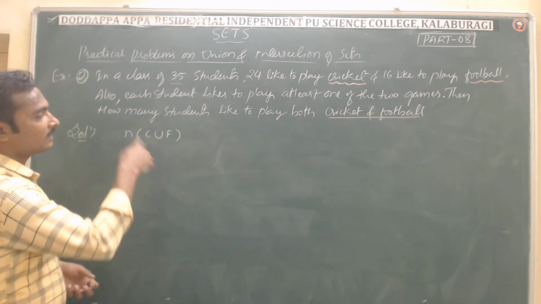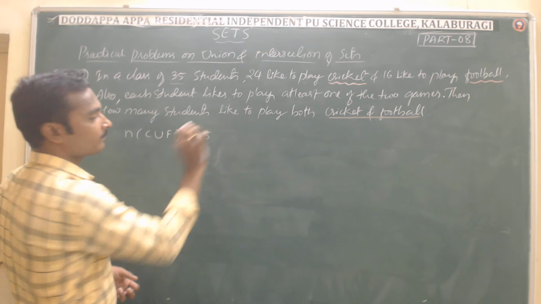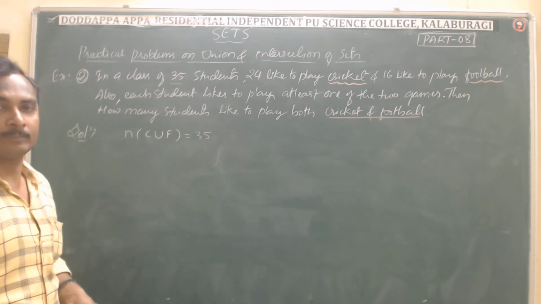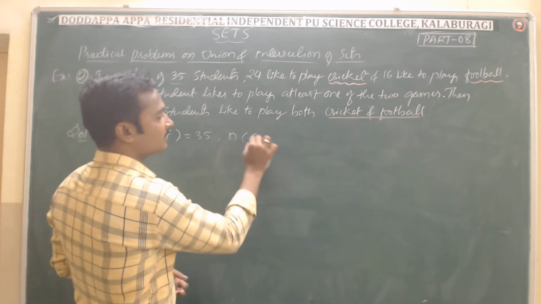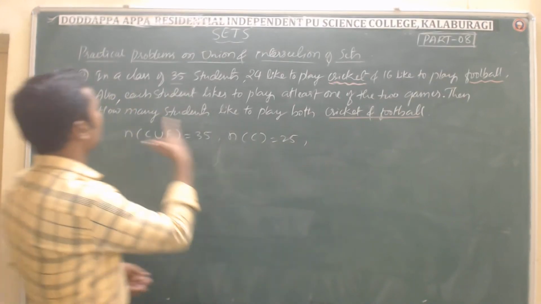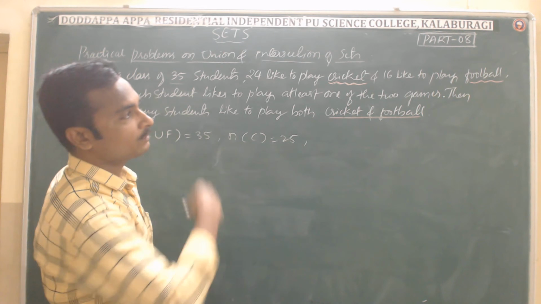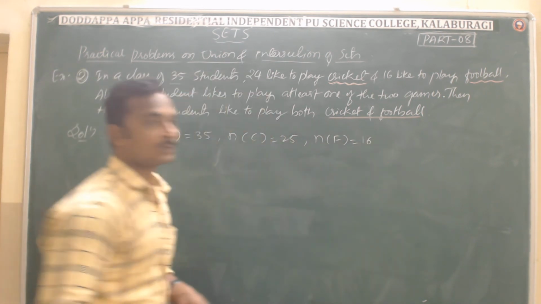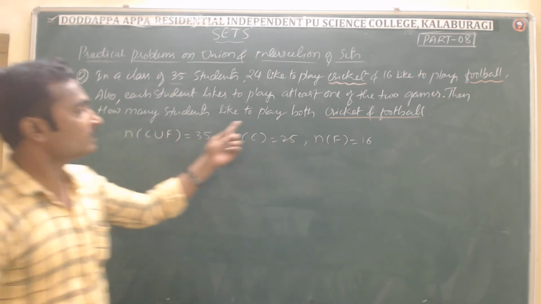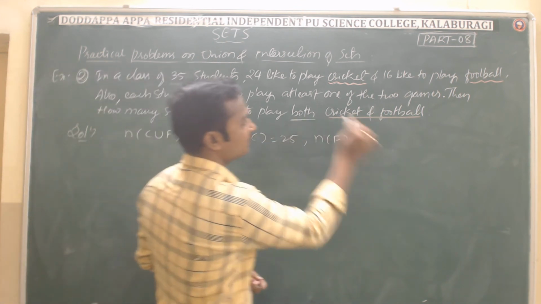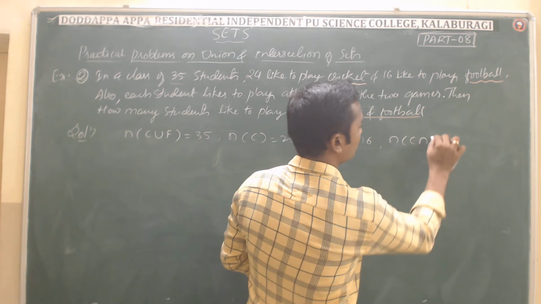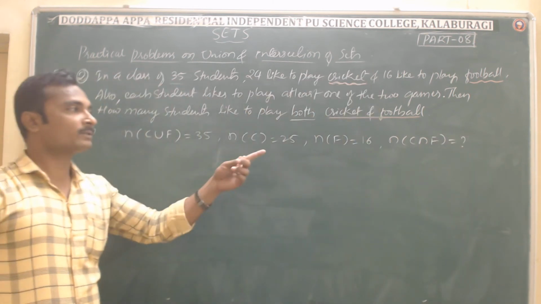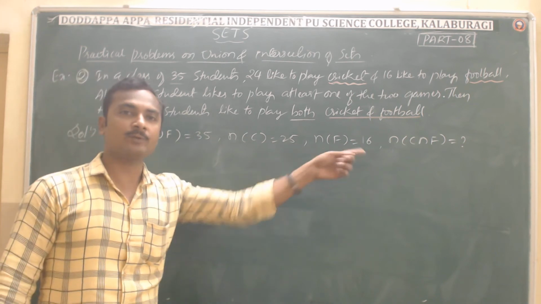So the total strength of the students is 35. 24 students like cricket, so n of C is 24. 16 like to play football, so n of F is 16. What do we need to find? How many students like to play both, that is n of C intersection F, the total number of students who play cricket and football both.